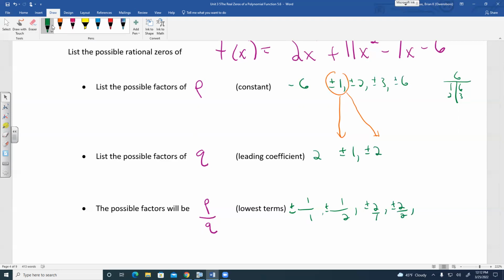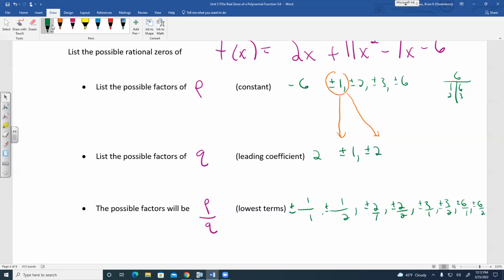And then we're going to do plus or minus 3 over 1 and plus or minus 3 over 2. And then plus or minus 6 over 1 and plus or minus 6 over 2. Now we want those in lowest terms.